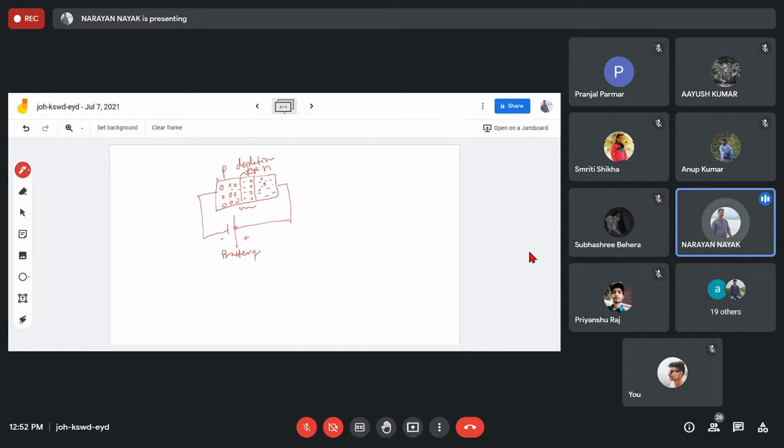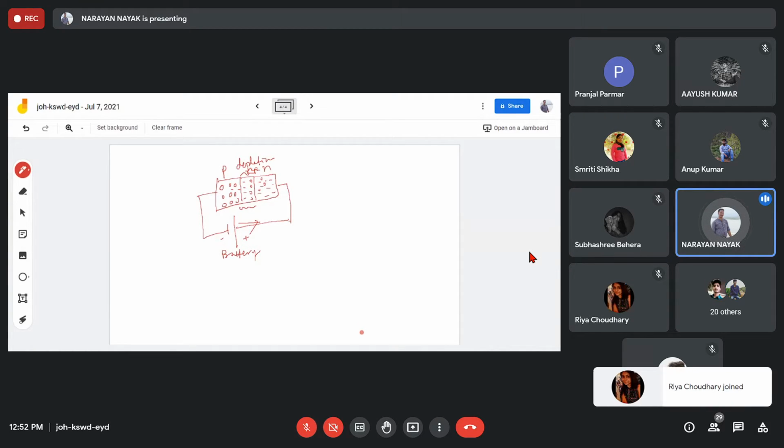So whenever the battery voltage is increased, what will happen? There are thermally generated electron holes at the depletion region. Okay.